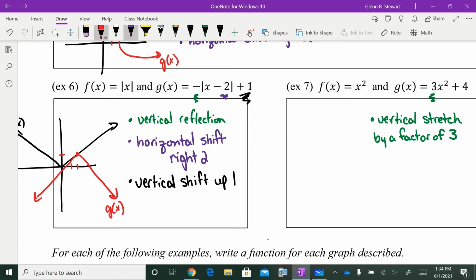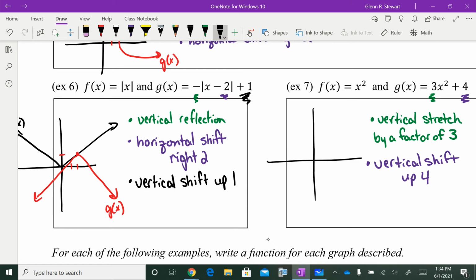And then it would also be a vertical shift up 4. Rough sketch there. Like I said, we're going to go up 4. Also going to go a little bit, multiply by 3. Real skinnier probably than that, close to the y.